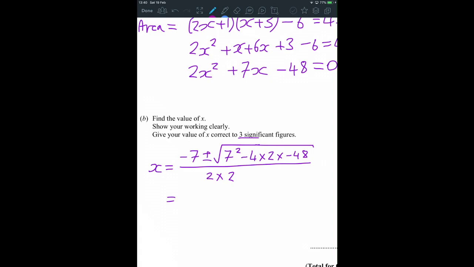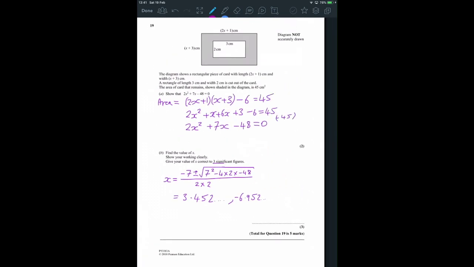Now type it into my calculator. If I do mistype something in any way, I've still got some of the marks. This is quite a horrendous formula to type in. With the positive sign, I get that, and then just using the arrow keys to change to the minus the root gives me negative 6.95, etc. Well, now it goes back to that fact I mentioned before.